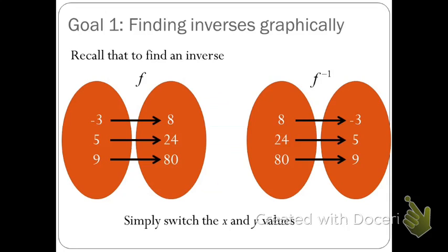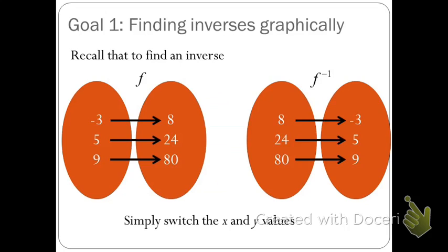Now you're going to recognize this slide from the previous video that I made, where I told you how to find the inverse of a function. And if we understand this, then it's going to help us understand graphically what the relationship is between a function and its inverse.